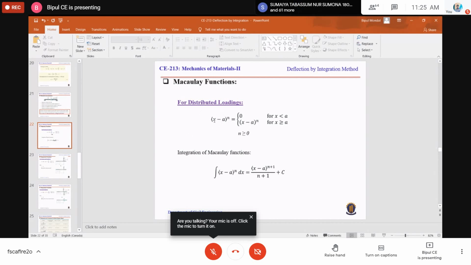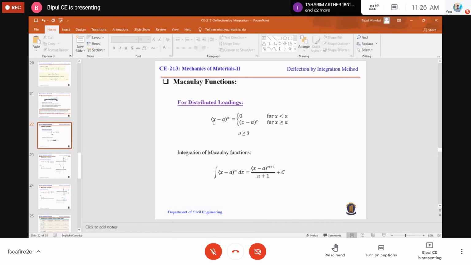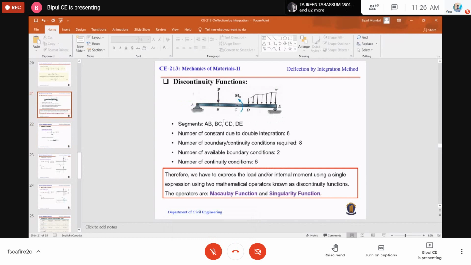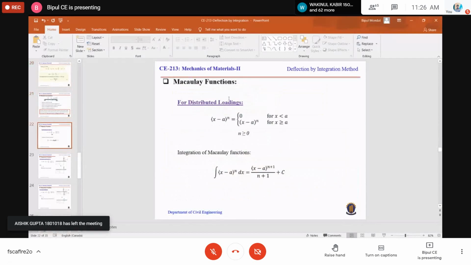That means if this value is 0, then it will be assumed there is no distributed loading. Say we go to the previous equation. So here, if x is here, then x minus a definitely will be negative, right? X minus a is negative.